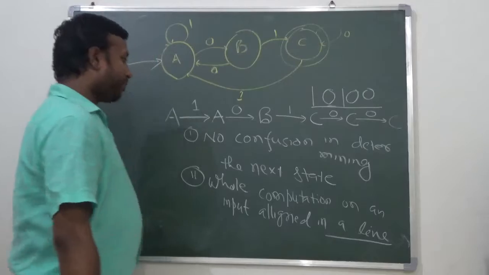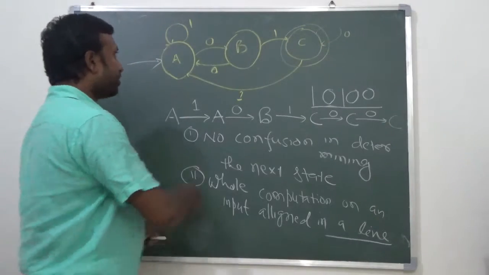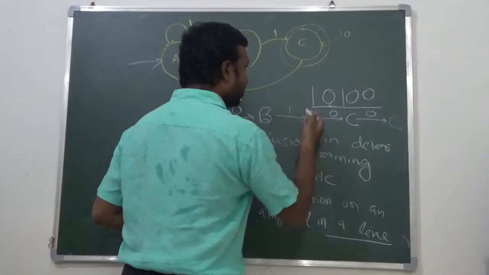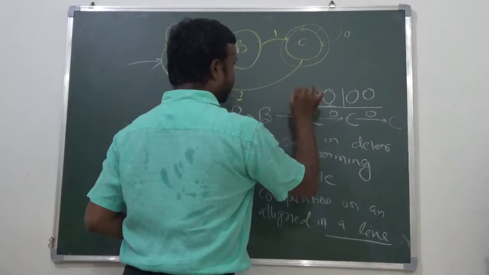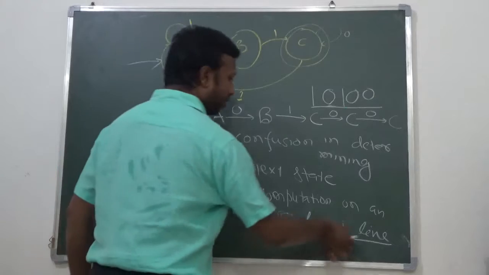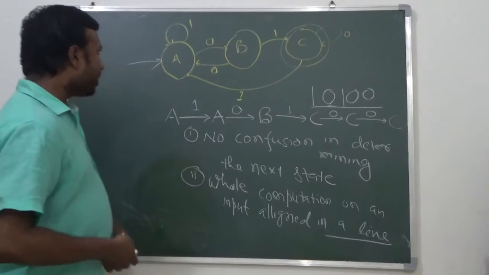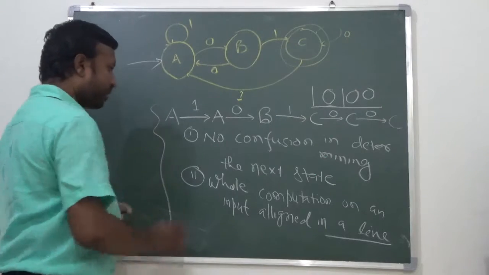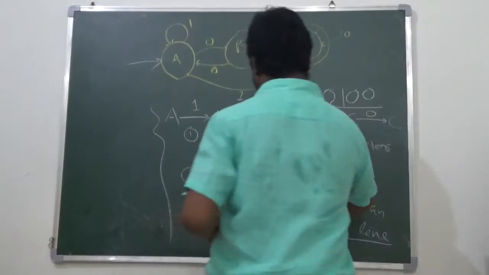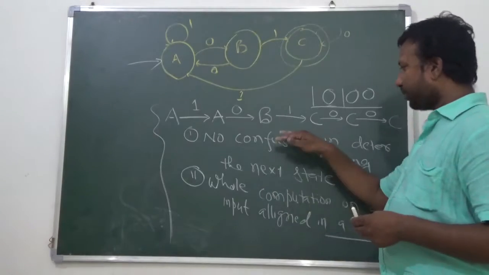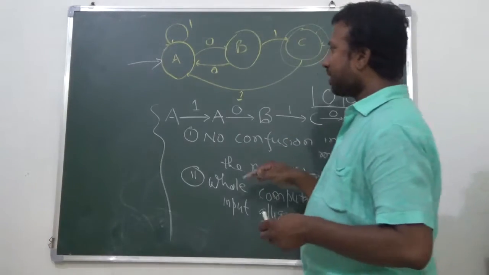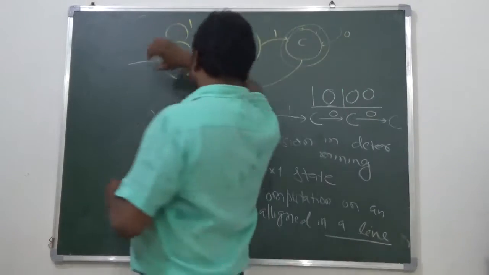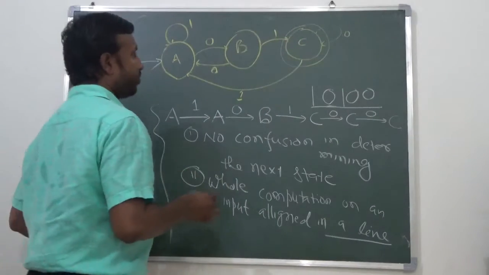So the computation done by this machine to get the result for this particular input obviously follows a line. Why is it following a line? If we find the basic characteristic by which we can predict this, first of all we need to think of one point.